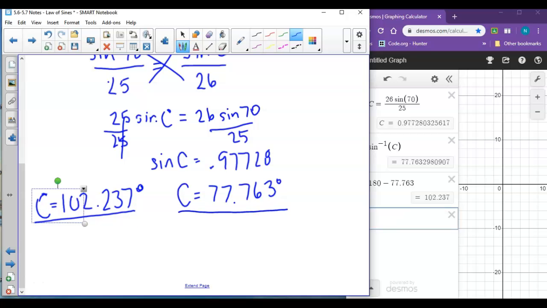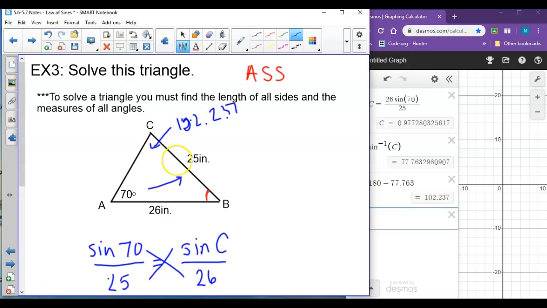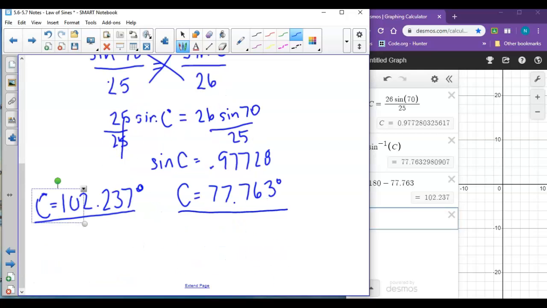And to know which one's actually correct, you'd have to take some more measurements on this triangle. So given the information that we have, either one of these could be correct. Now, if I go back up here and look at the problem, this angle looks more like it's 77. It doesn't look obtuse, but we don't want to go on assumptions like that because our pictures are not always drawn to scale.